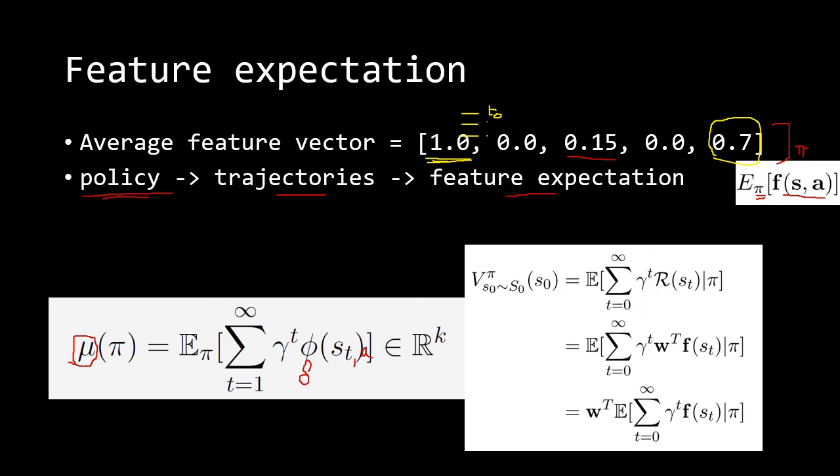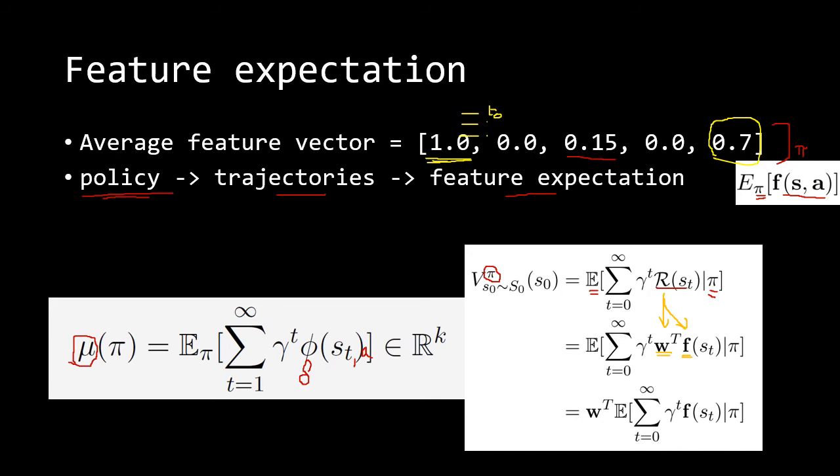And then what you can do is say, what is the value? What did we say about the value of pi when you start at S0? This is on average how much collection of reward you will get. Let's put there on average because of expectation. You listen to pi. How much do you expect of the sum of reward? Now we are saying that this reward is the linear combination of a weight vector together with this feature vector.